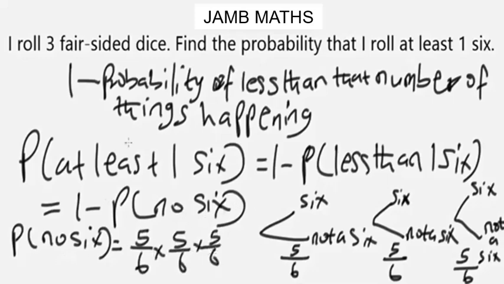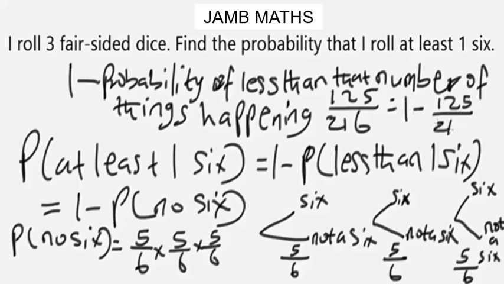When you punch it into the calculator, you have 125/216. Now our final result will be to subtract this value from 1. It will be 1 minus 125/216. When you punch it into the calculator, you have 91/216, and that will be the probability that I roll at least 1 six.